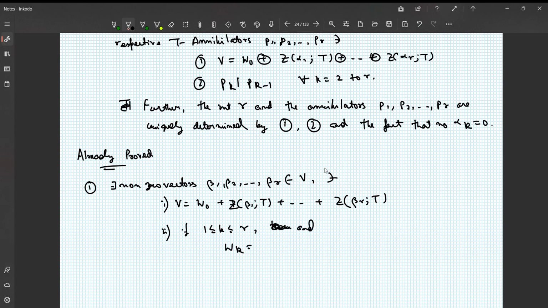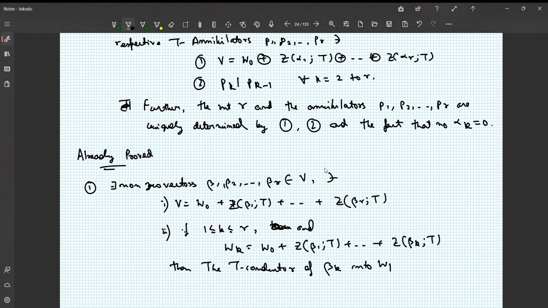Wk was W naught plus Z beta 1 T, and so on till Z beta k T. Then the T conductor of beta k into Wk minus 1, which is given as say Pk, this notation which we had used in the previous lecture, has the maximum degree.